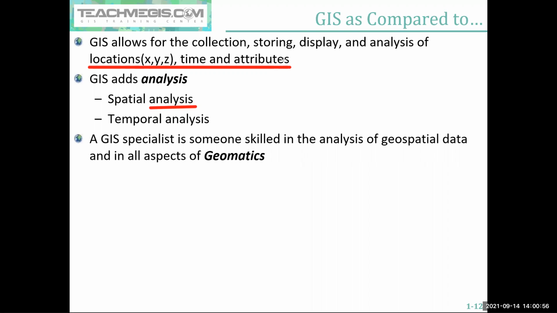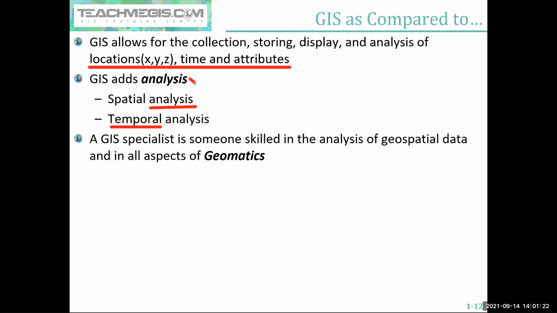So the difference with GIS and surveying, mapping, photogrammetry, and drafting is that GIS can do that really cool spatial analysis. It can also do temporal analysis. If you see that on the exam, that's analyzing features over time, looking at an aerial photo from last year and this year and seeing what's changed.